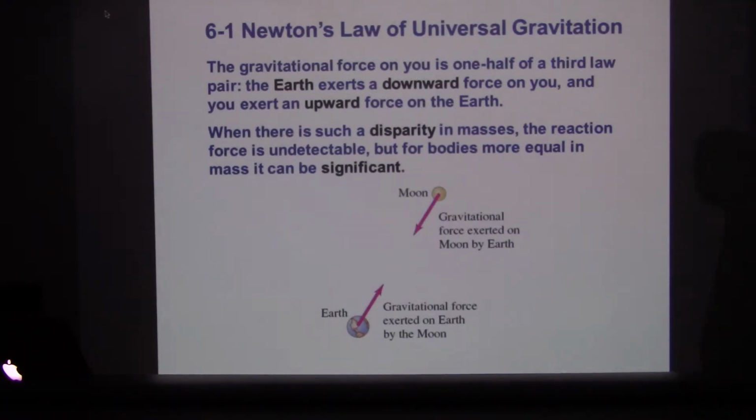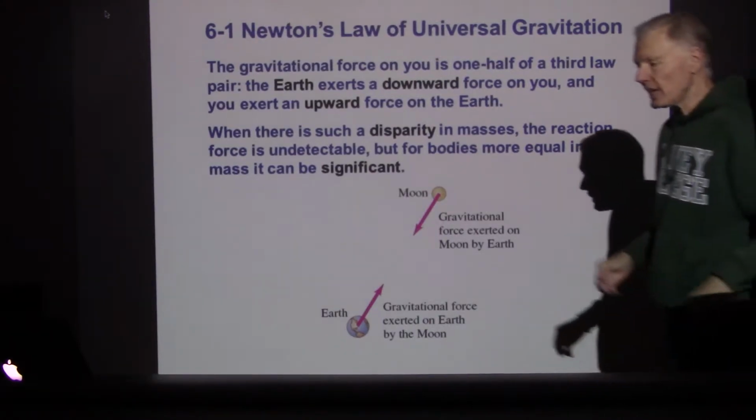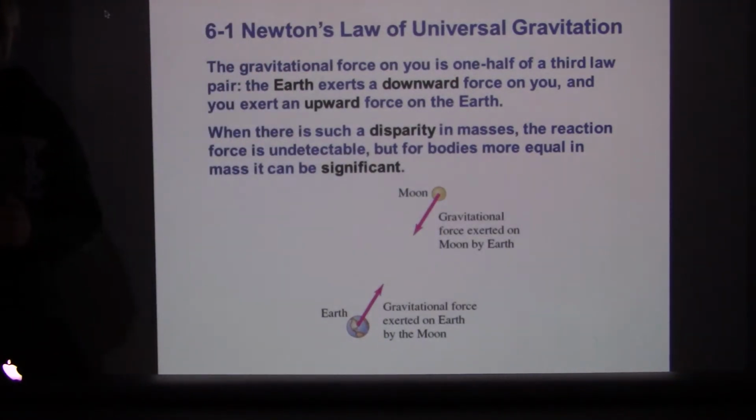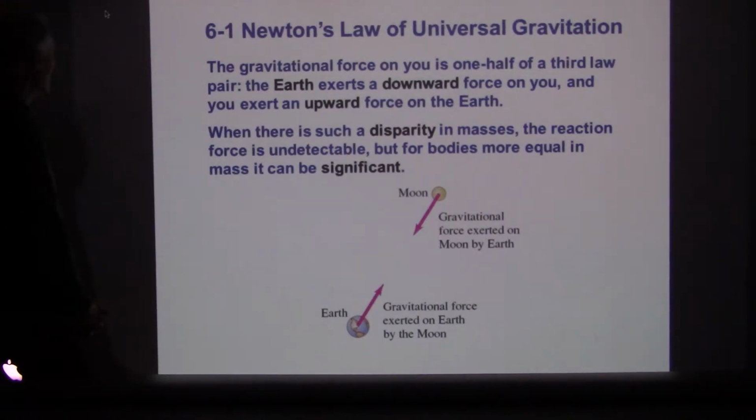And Newton's approach was to say that this force would be attractive, that it would tend to draw the two objects directly towards each other. And that's the model for gravity that we'll be working from.